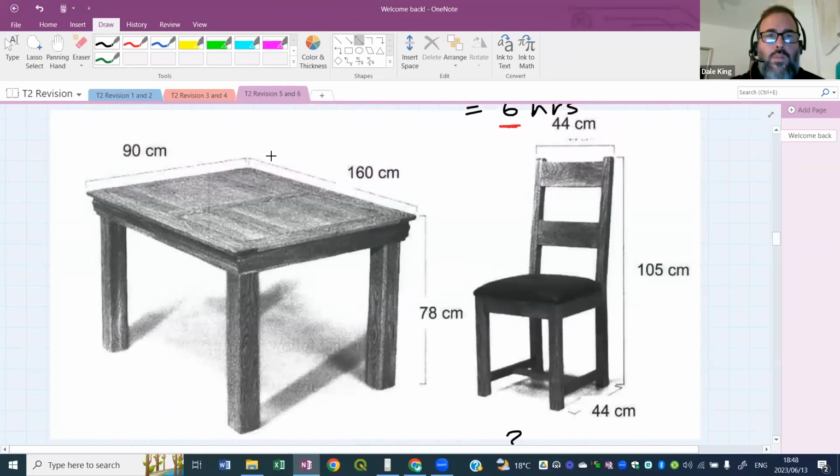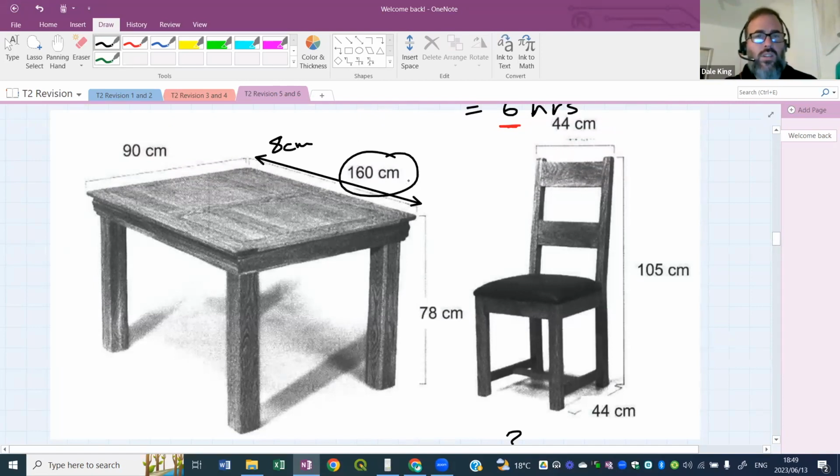They mean that if you measure this here with a ruler and you get 8 centimeters, but in the real world, it's 160 centimeters. They're saying, what is the scale of the drawing? Determine the scale of the drawing.